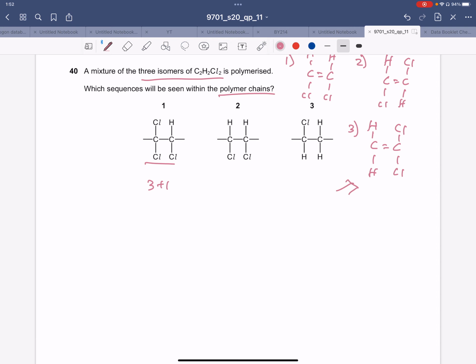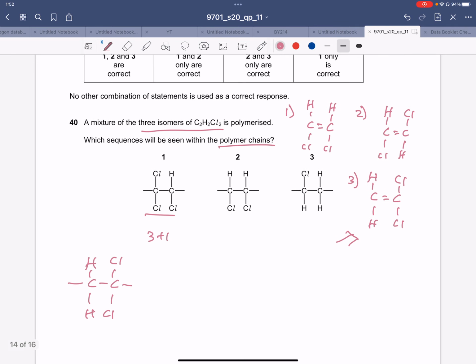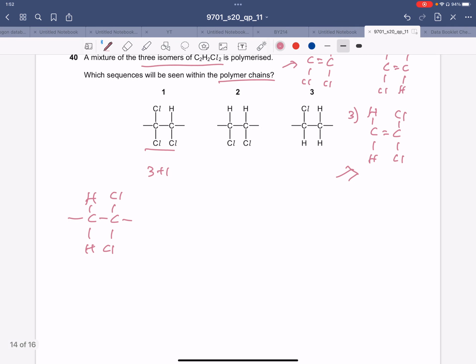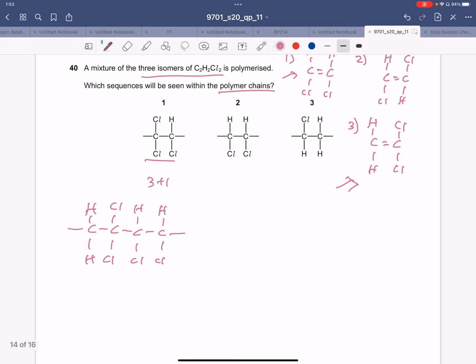This one here, when you're polymerizing it, looks like this: C, C, with Cl, Cl, and H and H. As you know, polymers will stretch out. If you add the 1, which is this one right here, you have C, C, and then H, Cl, Cl, H, like that. They'll continue, but let's just take a look at this.